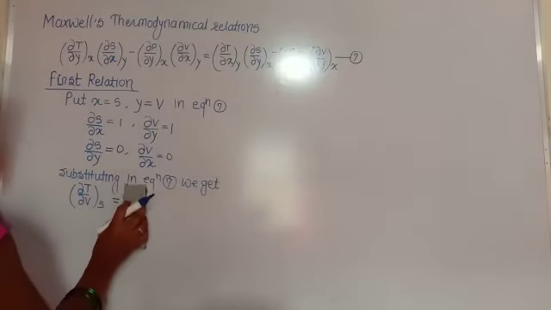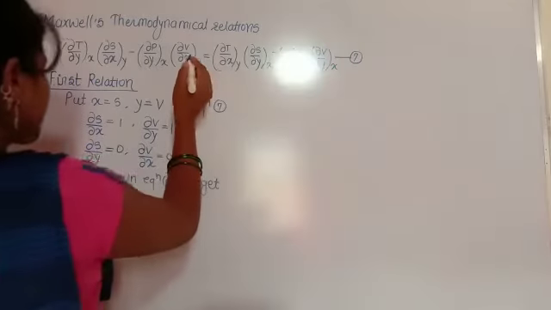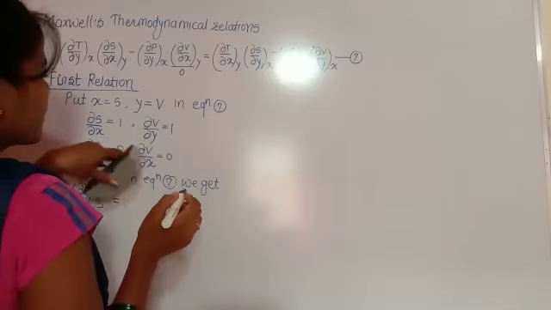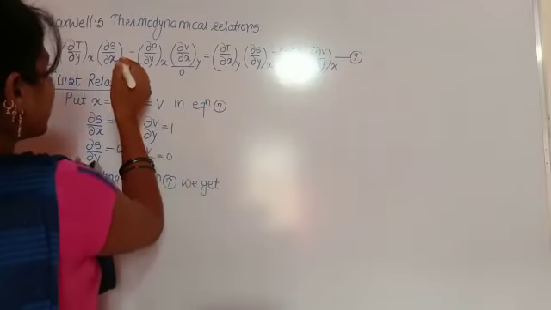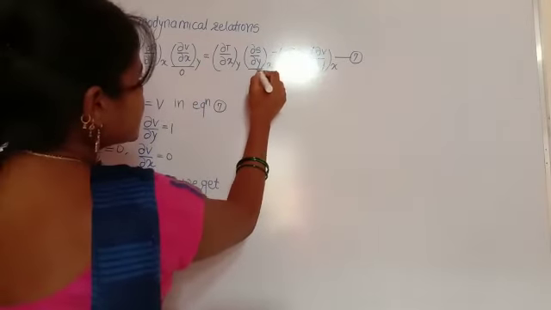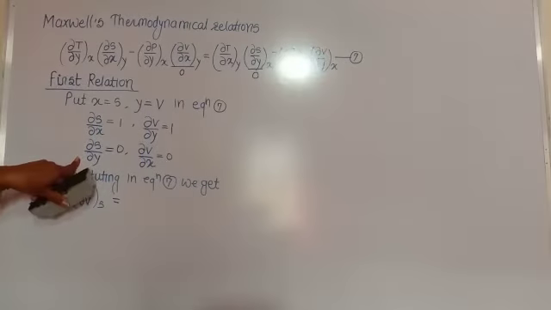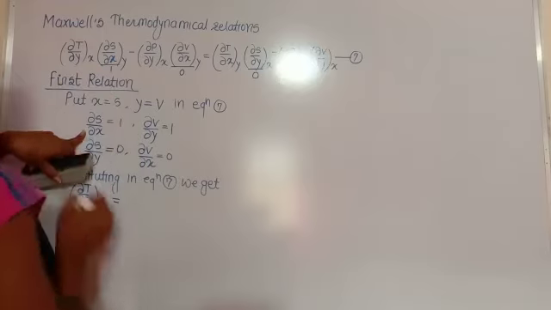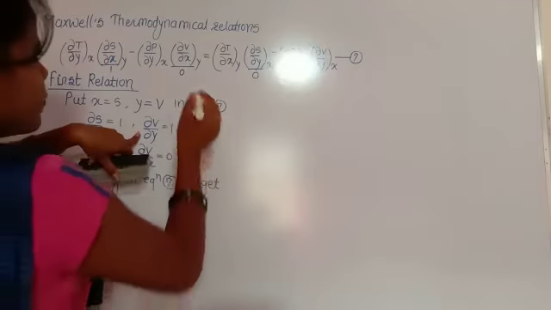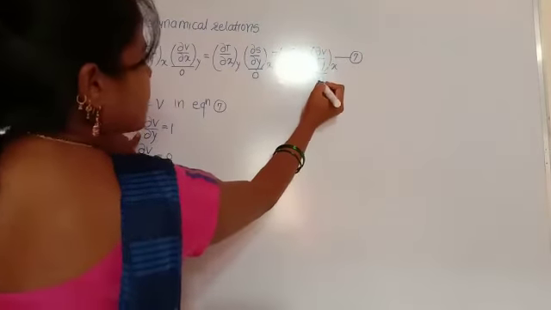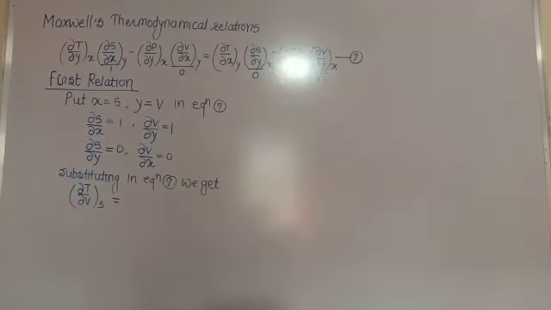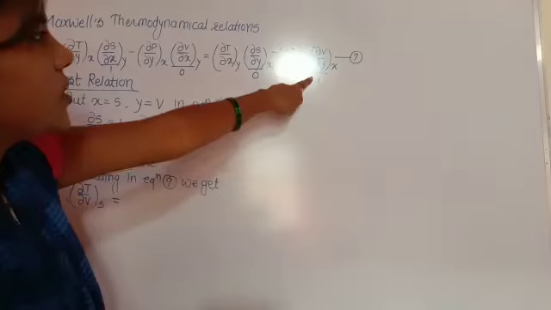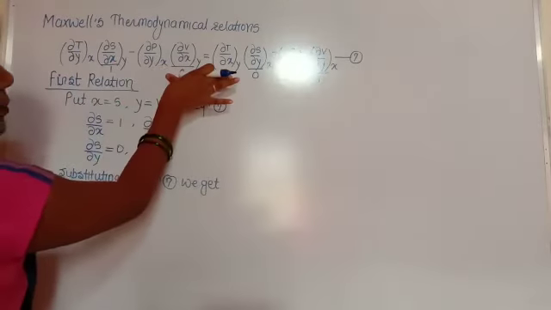This term is cancelling, so it is 0. Del S by del x becomes 1, and del V by del y becomes 1. We write only those terms which have 1 in the multiplication, and the total term 2 becomes 0.